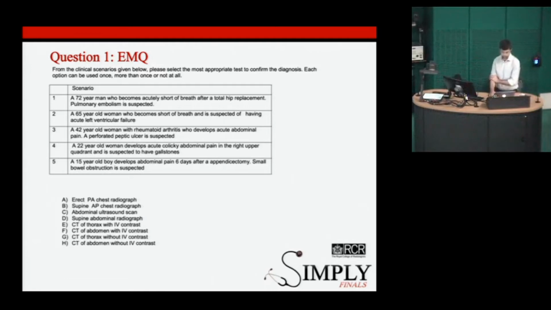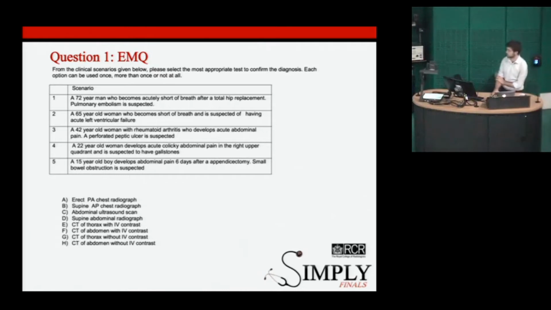I think that's straightforward. Next one, 65-year-old woman, short of breath, heart failure suspected. Got a few mumblings. Anyone confident? A? Yeah? A. So we need a PA chest x-ray.